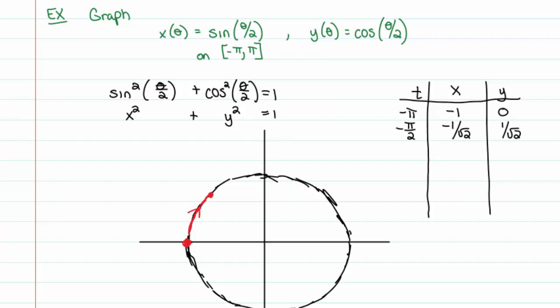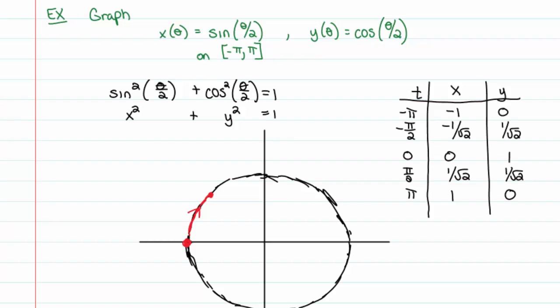And now let's just go ahead and throw in a couple more values since we can. I'm going to go to 0, and then pi over 2, and then pi. Okay. So for the sines, sine of 0 is 0, sine of pi over 4 is 1 over root 2, and sine of pi over 2 is 1. For the cosines, cosine of 0 is 1, cosine of pi over 4 is 1 over root 2, and finally cosine of pi over 2 is 0.